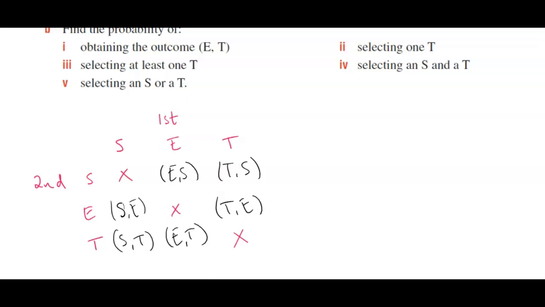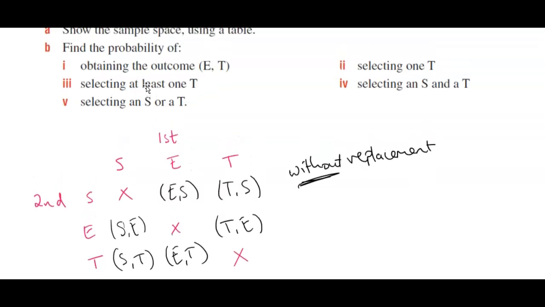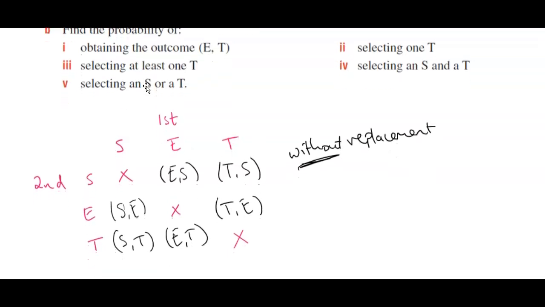Now, just to reiterate what I was saying before, if I've already selected the S, I can't select it again because it is without replacement, which means I'm not putting the letter back. Without.